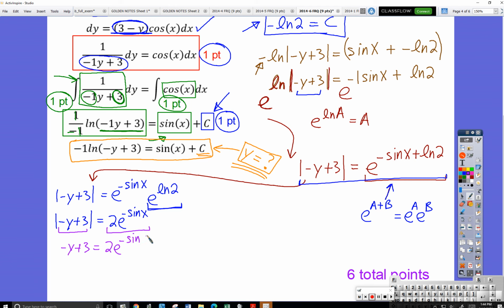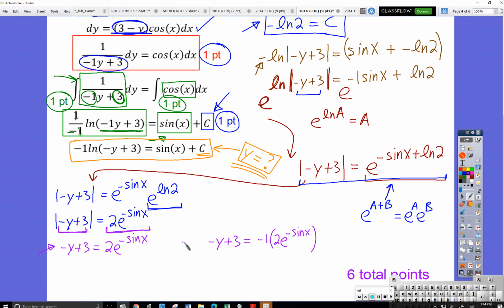Or it is possible that this will equal the negative of all this, like that.